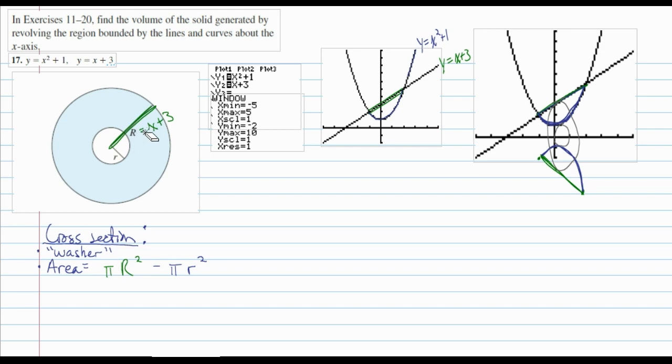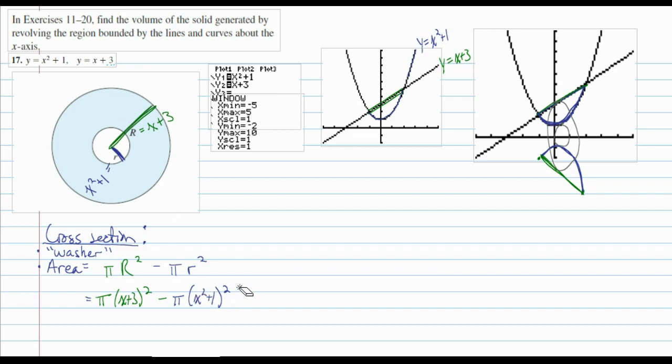So capital R is going to be x plus 3. The little radius is the distance between the x-axis and the inside curve, the x squared plus 1 curve. So little r is going to be x squared plus 1. So the area of our cross section is going to be pi times x plus 3 squared minus pi times x squared plus 1 squared.